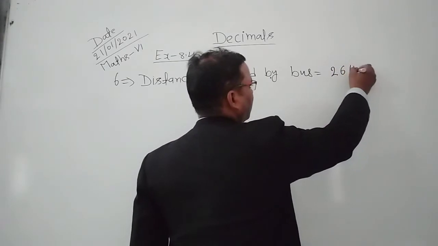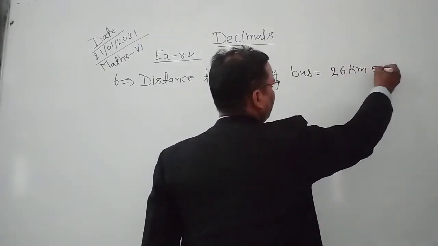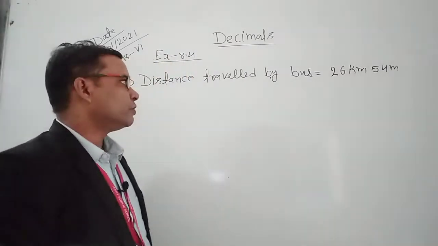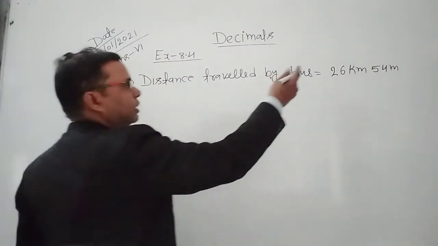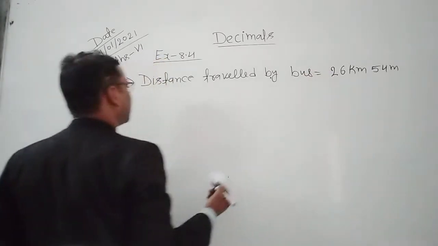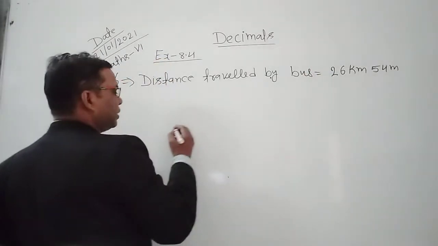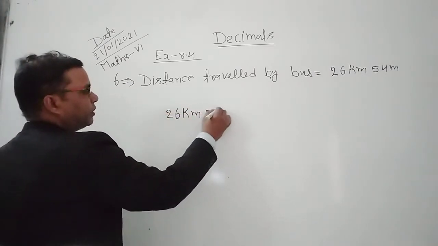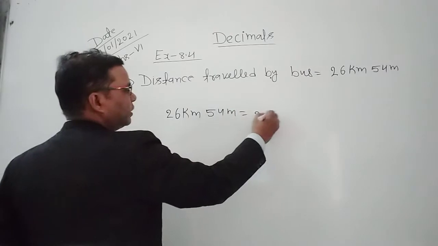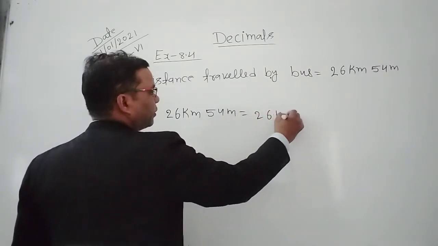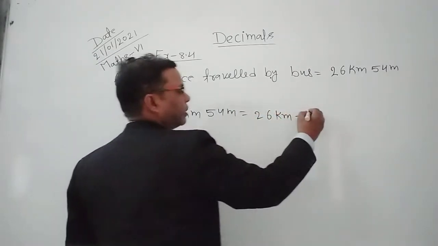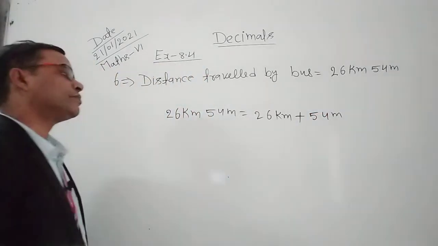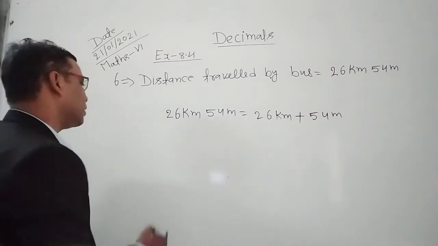Okay, now students, we need to convert it. 26 kilometer 54 meter, you can write it as 26 kilometer plus 54 meter. Okay, this is clear.